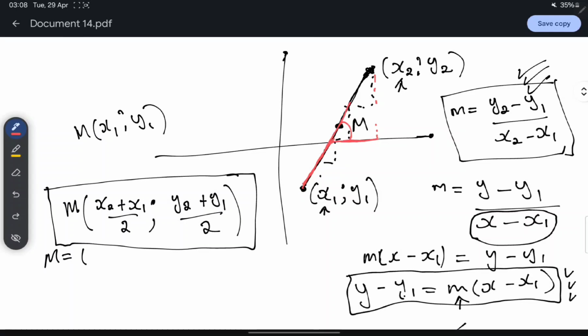Where my adjacent is the x values and my opposite is the y value. So my adjacent is this distance, and this distance is, if I am having x2 or x3, then maybe x4.